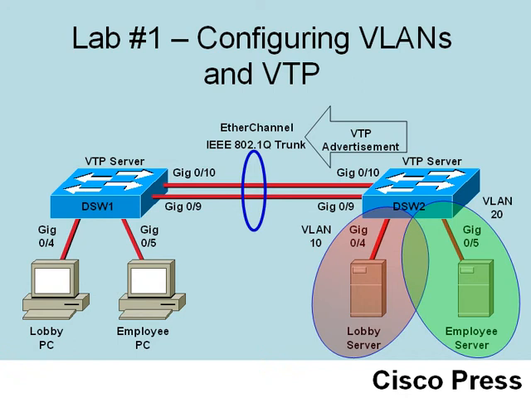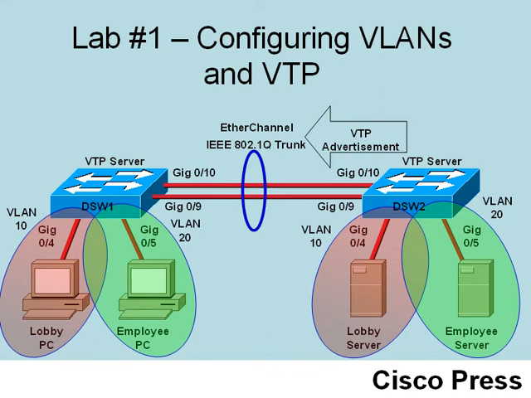Then on switch DSW2, we're going to create a couple of VLANs, one for the lobby and one for the employees. After we do this, a VTP advertisement is going to be sent from DSW2 over to DSW1, and at that time, DSW1 will dynamically learn about those new VLANs.